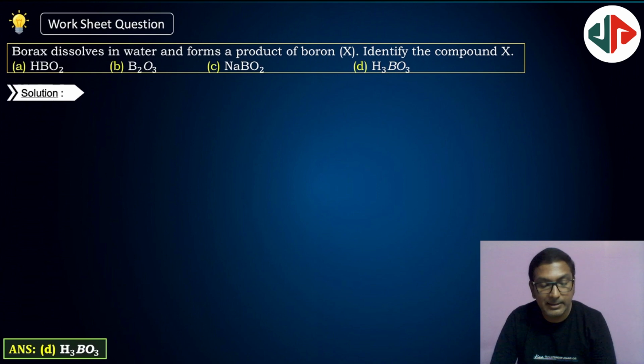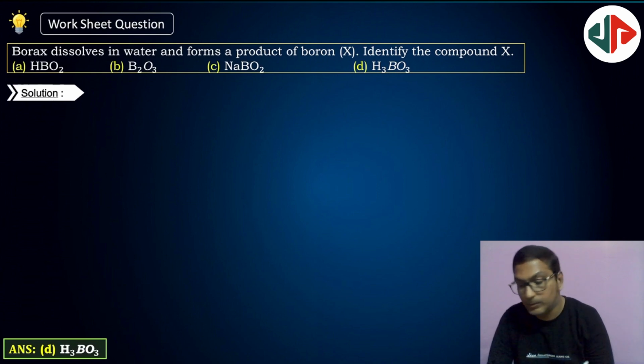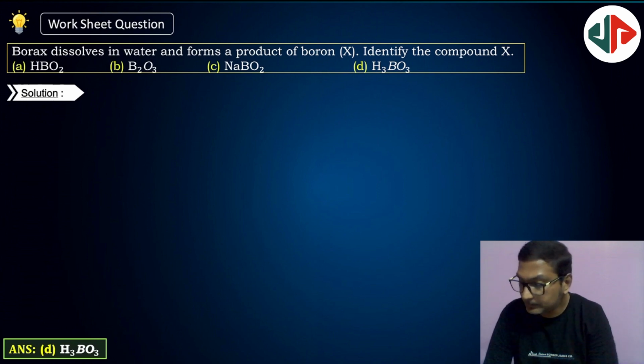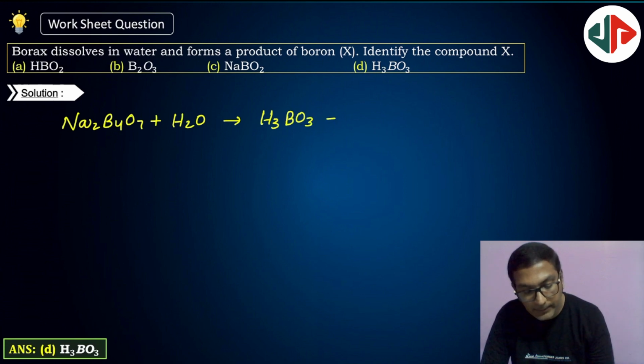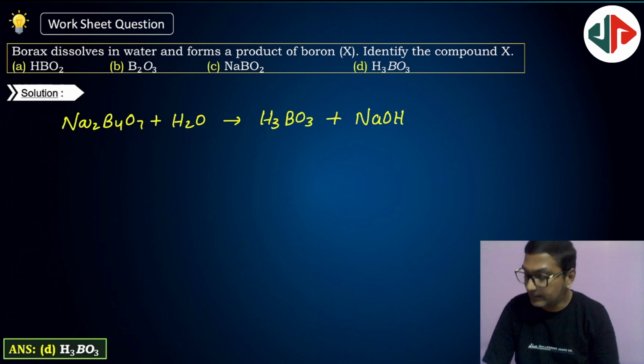So borax dissolves in water and forms a product of boron. Identify the compound. Borax, Na2B4O7, reacts with water to form H3BO3, boric acid, and NaOH.